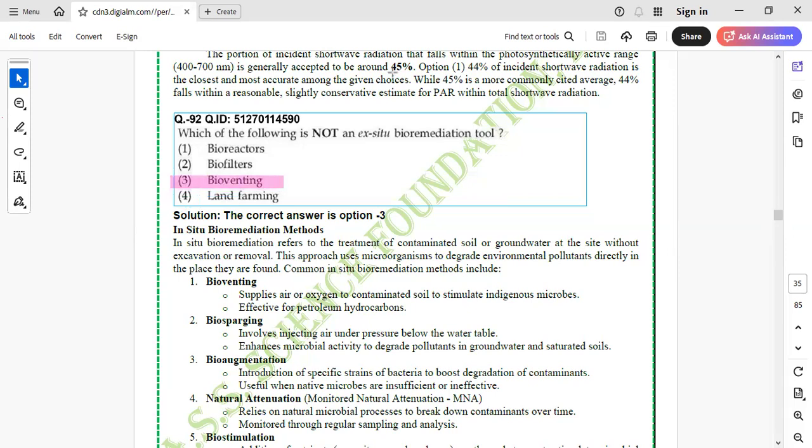Is this thing clear to each and everyone? जल्दी से बताइए फटाफट. क्लियर है? सबको क्लियर है गाइस? क्वेश्चन नंबर 92 जल्दी बताइएगा.